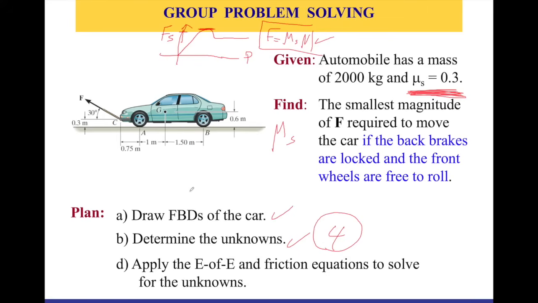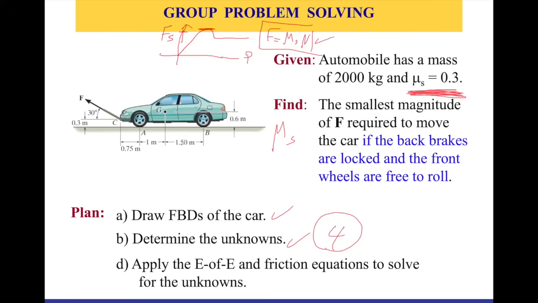So if I want to quickly draw this free body diagram on this image, we have this external force acting in that direction with a 30 degree angle with the horizon, and also we have wheels at the front and the back. I'm going to assume that we have symmetry, so I'm going to solve it as a two-dimensional problem.